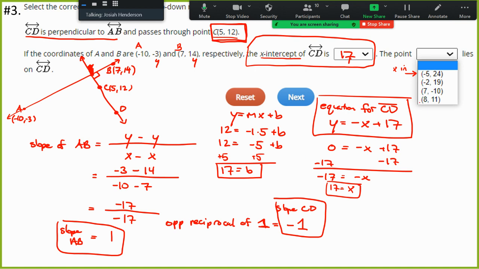Okay, then to answer the second part, we're going to use our equation for CD, and just one at a time, we've got to plug in the inputs of the x's, negative 5, negative 2, 7, and 8, and see which one gives you the proper output, or the y number it's paired with. So just one at a time, we'll try them all.